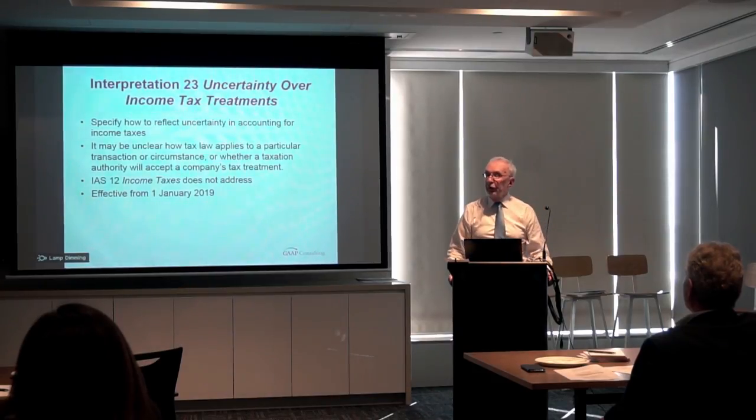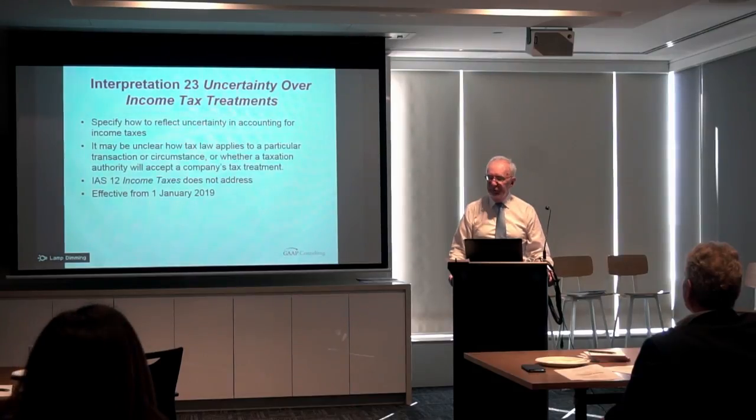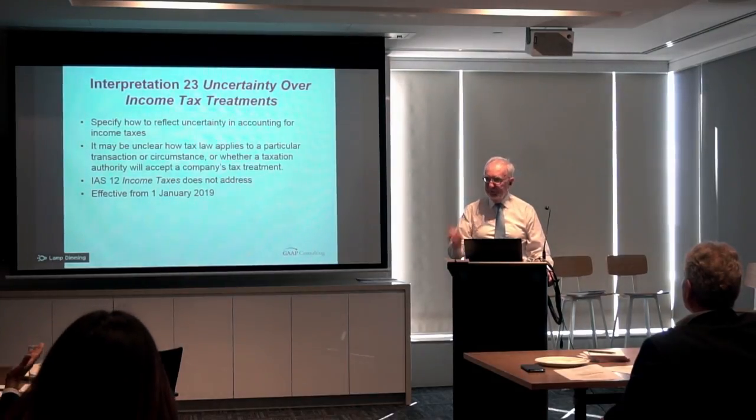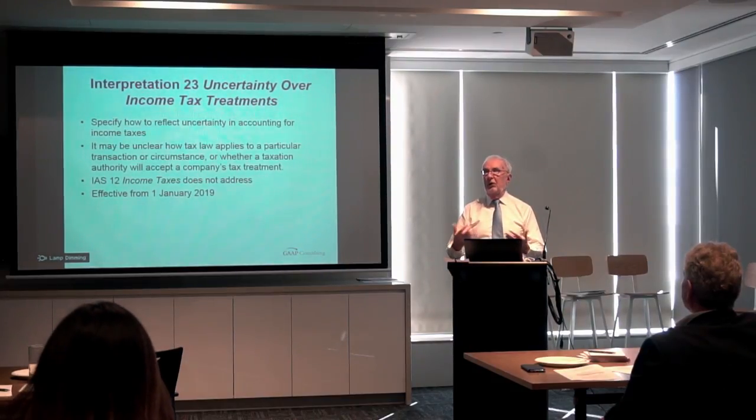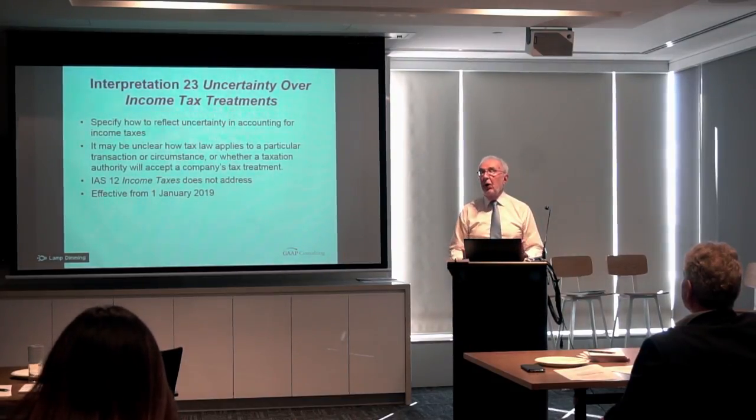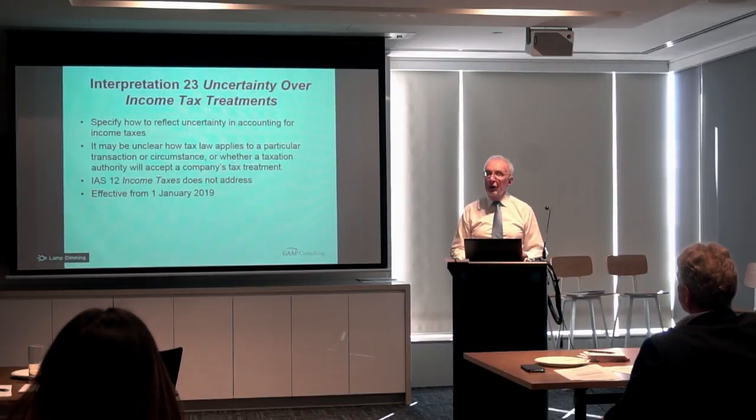And that's a good rundown of where we are on some of the international tax sharing and the like. Where we get to on this interpretation is that, I guess my words would be, we're going to see increased transparency in the financial statements about what the issues are.